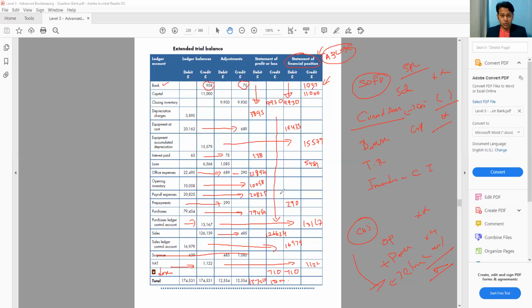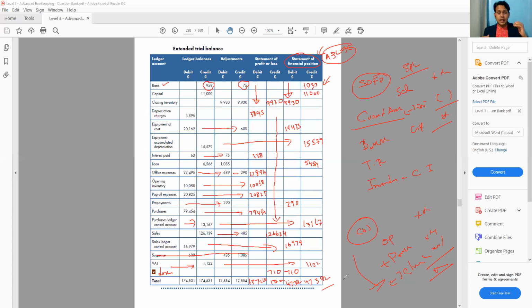If we add both sides, it should give us the same amount. If it is the same amount, then we understand this matches and our financial statement is completed. So we said 47,382. Thank you, Zompa. 47,382.